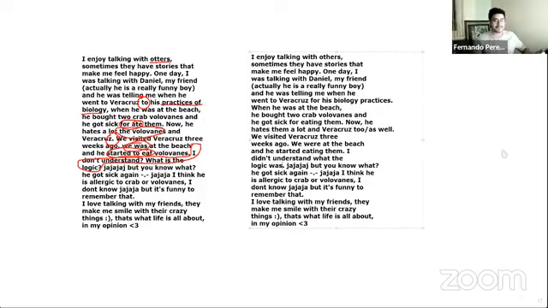Take a note on that one. That's super important. Everybody take a note on that one. When you say the connector what, don't use the word was after it, because that is in a question, and this is not a question. Okay?